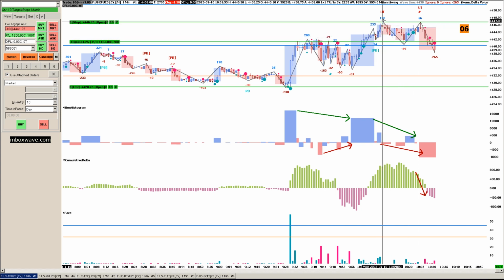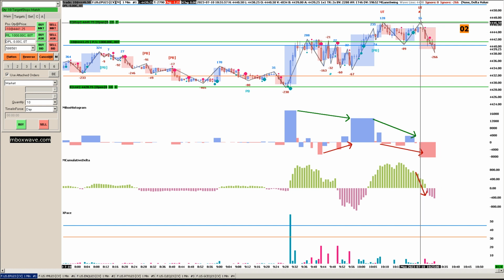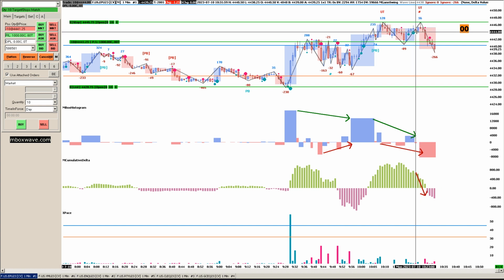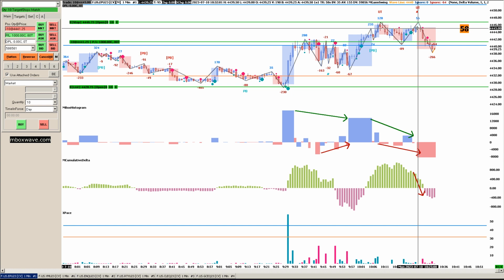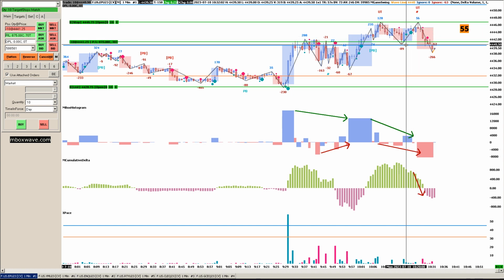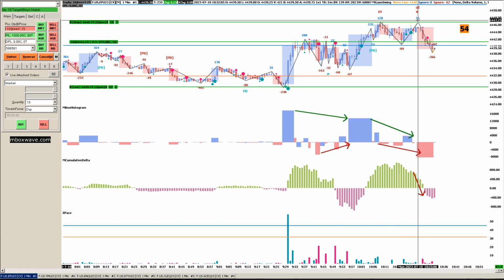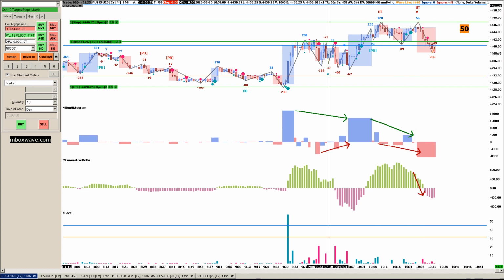This wave was smaller, had 128 in demand. This wave was longer in price movement and had much less demand. So there seems to be a lack of interest. So that's like there's more price movement but less demand. So it is an effort result situation here.